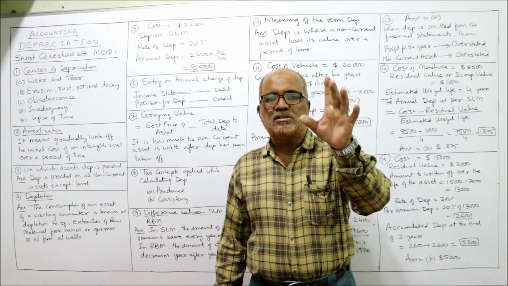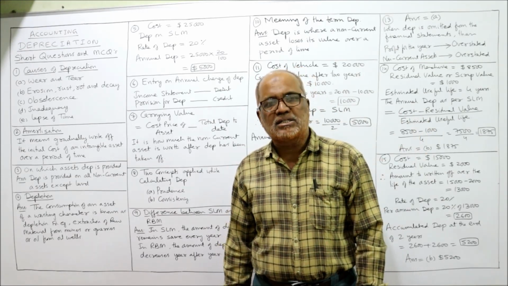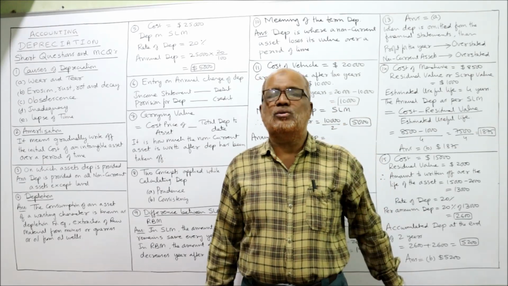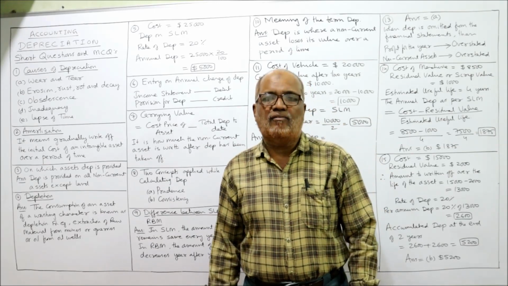So 1 lakh is the cost price, 30,000 is the total depreciation. Deduct 1 lakh minus 30,000, you will get 70,000. This 70,000 is called carrying value.